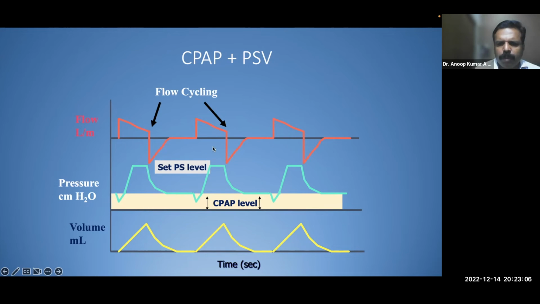So in NIV mode, adjusting the IE ratio is done by looking at the expiratory trigger sensitivity or flow cycling. And here you can see again, by applying the CPAP level, you are keeping the alveoli open always, or there is always a pressure in the alveoli, or a constant pressure is maintained in the system.